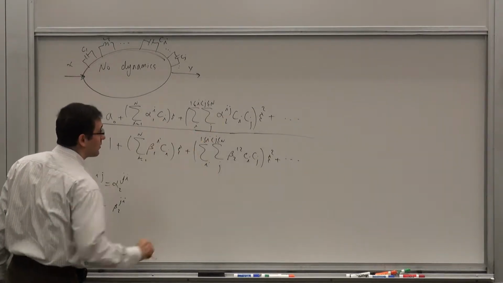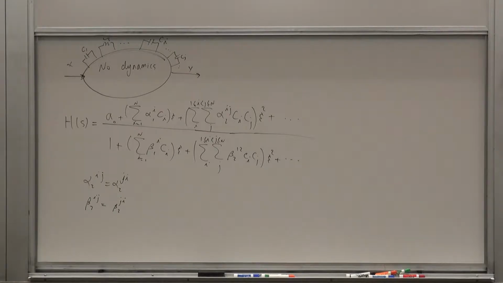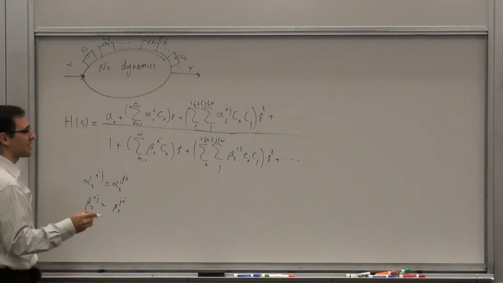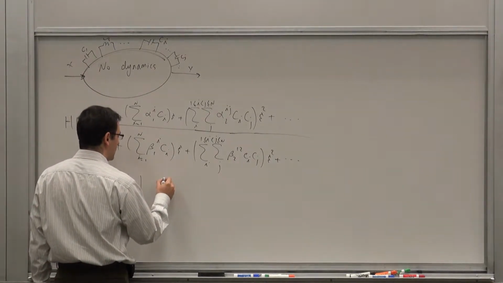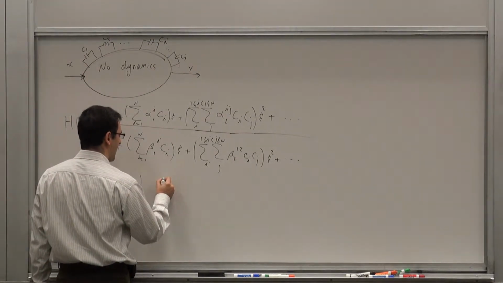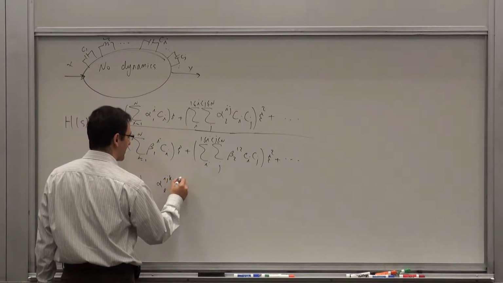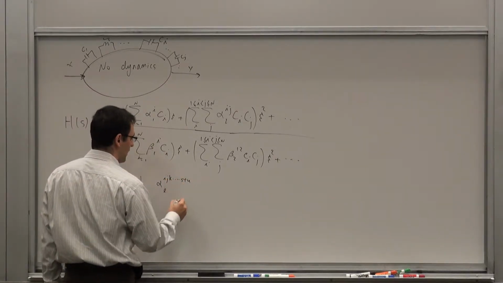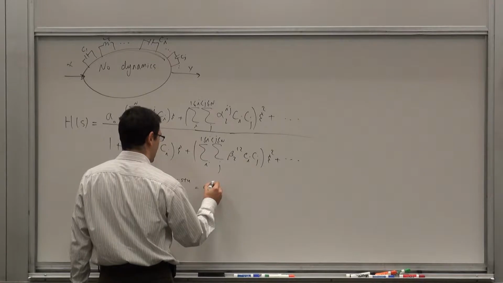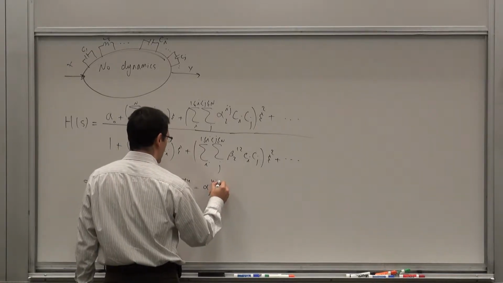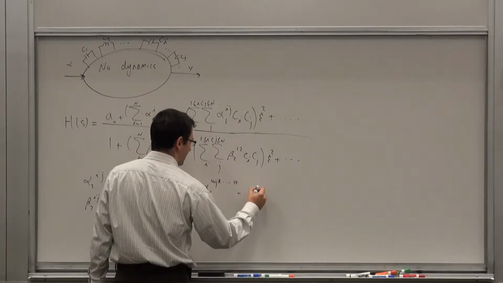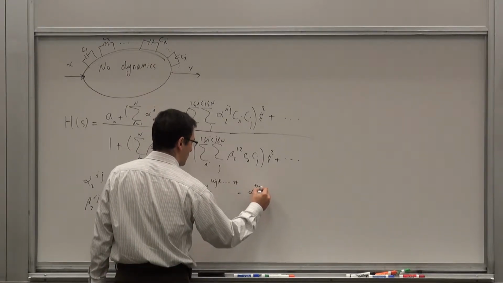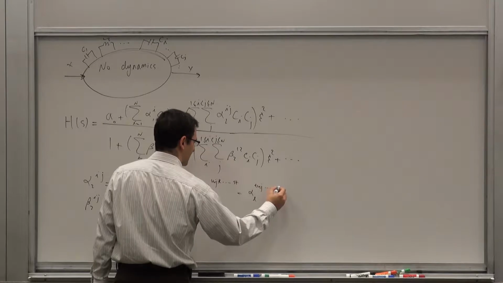Now, in general, for higher order terms, a similar thing applies. As long as you have rotational symmetry, these things should be valid. So, for instance, alpha L, I, J, K, etc., S, T, U should be equal to alpha L, U, I, J, K, etc., S, T, which is equal to alpha L, T, U, J, and so on and so forth.